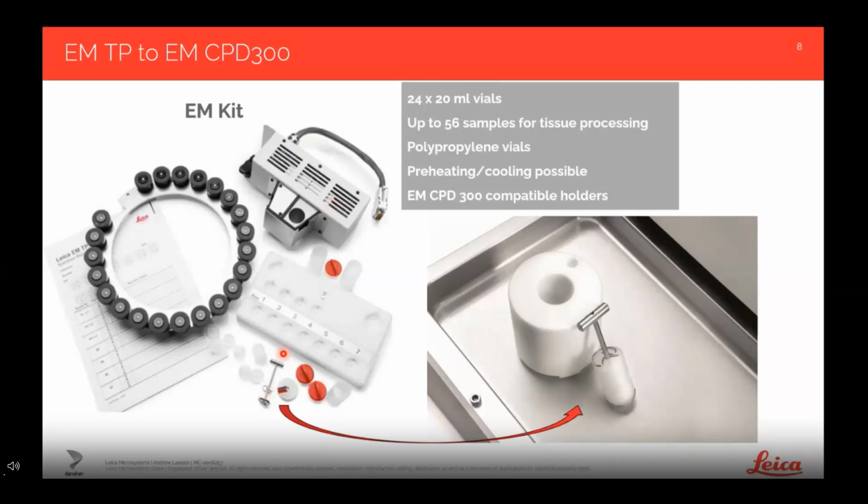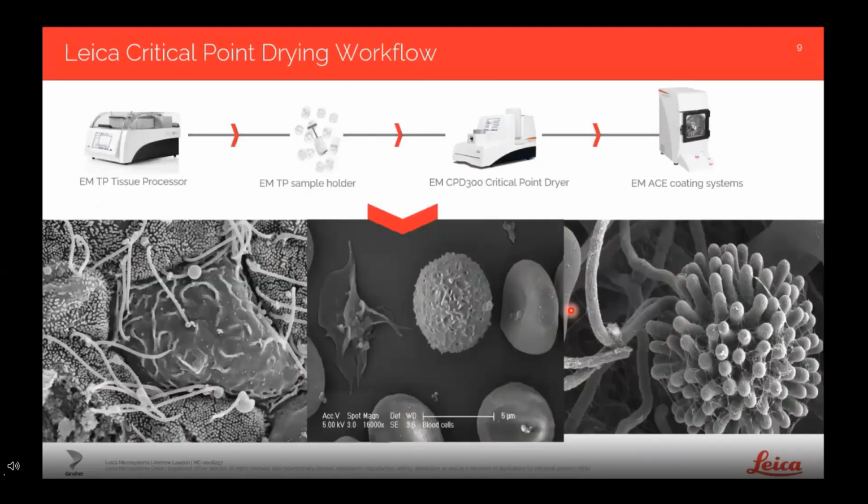And over here, this little piece is the stem onto which our sample baskets can be loaded, and these have various sizes, various divisions to allow you to isolate your samples. Once your samples have been processed through the TP, say through your pure ethanol step, that whole basket assembly can be moved directly into the critical point dryer and dried directly.